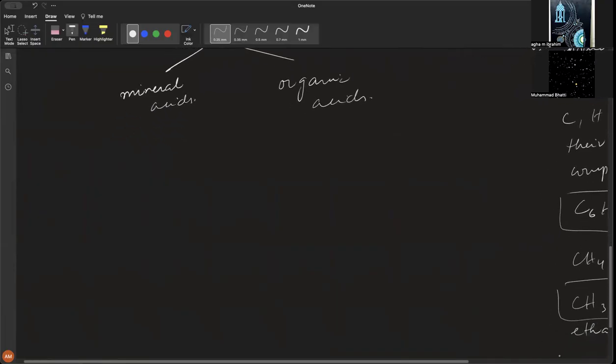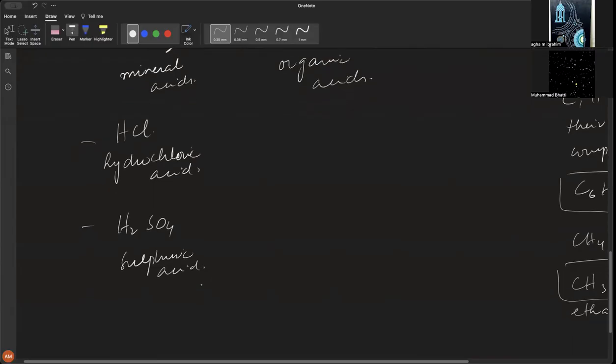So mineral acids generally are the ones such as, starting from the strongest of all, hydrochloric acid, HCl, and then sulfuric acid, H2SO4, right?